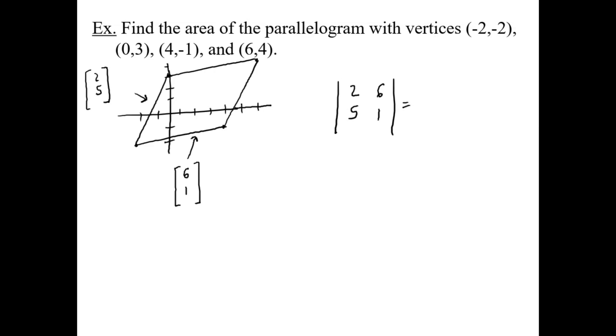So this determinant is going to be 2 minus 30, which is -28. And of course, this is a problem because we can't have an area that's a negative number. That's just silly. So the area that we're looking for is going to be the absolute value of that determinant, which is +28. There's always the possibility of getting a negative number for a determinant. So when we use determinant to calculate area or volume, we just take the absolute value of that answer.